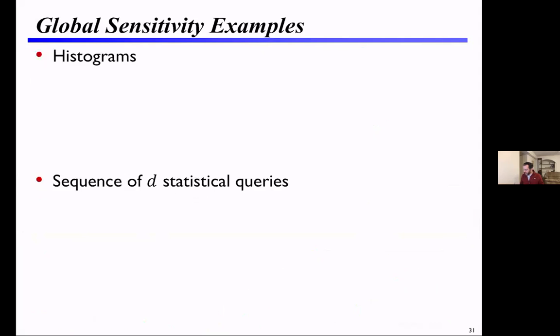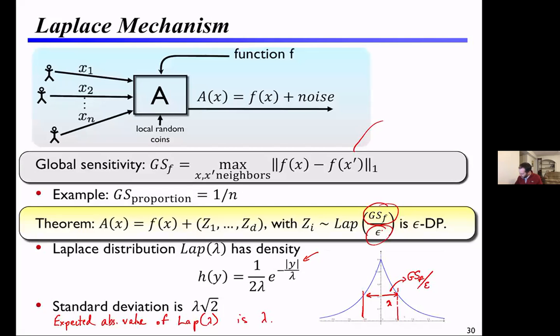Okay, so let's see some examples of how to use this, just to get a sense of what this algorithm is doing. Suppose we're going to use this for releasing a proportion. Let's say f of x is just the sum of the xi's, and the xi's are bits, say the proportion of diabetics, or whatever.